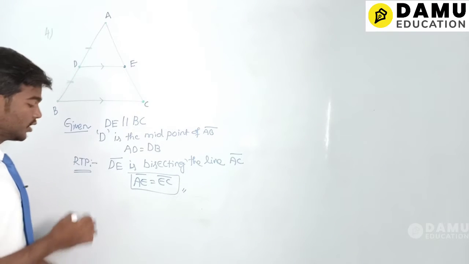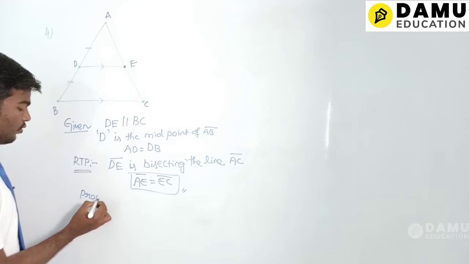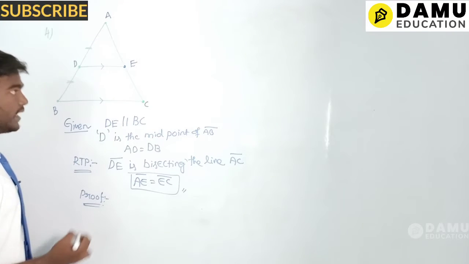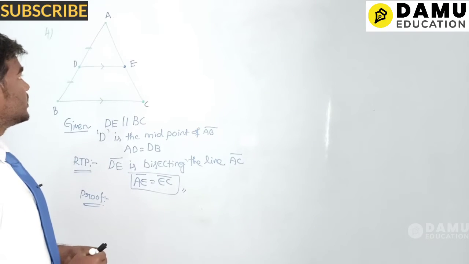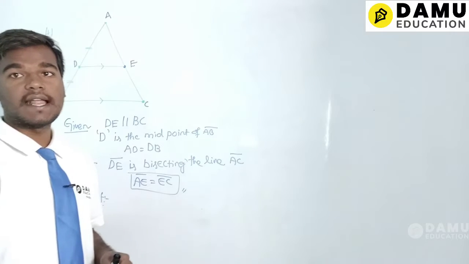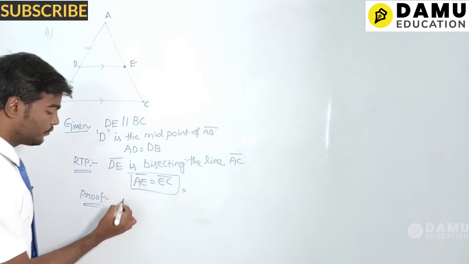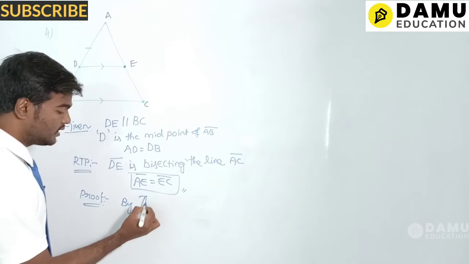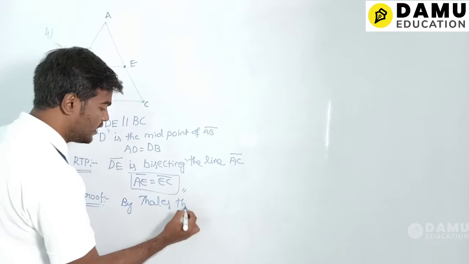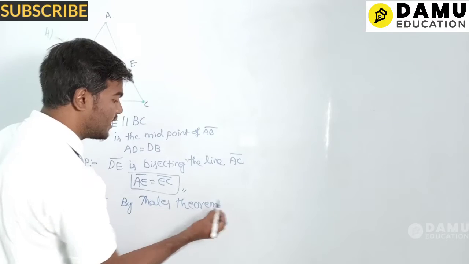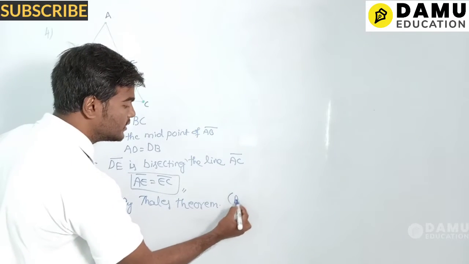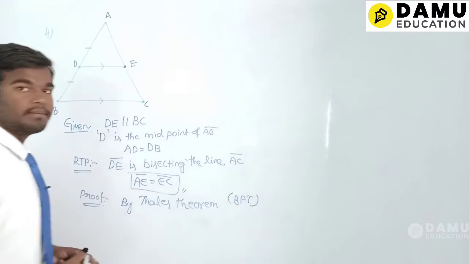Now, what is the proof? The proof is by using the basic proportionality theorem, that is Thales theorem. You can say basic proportionality theorem, BPT also.